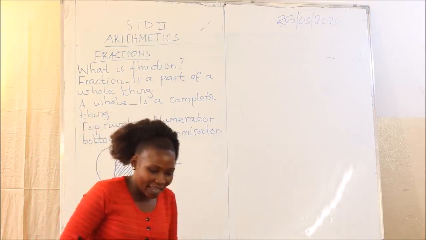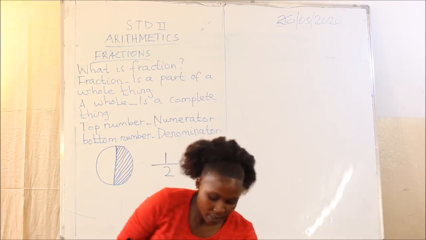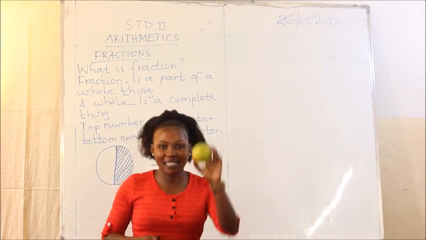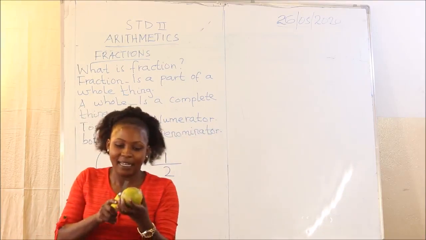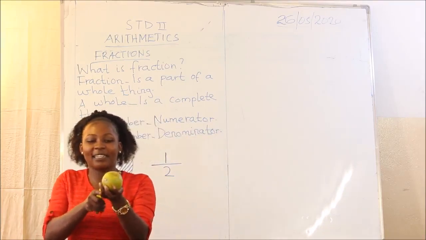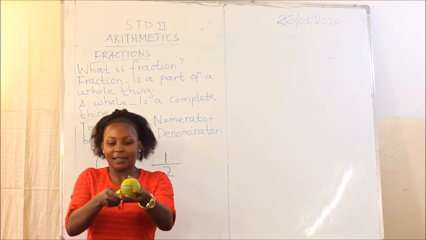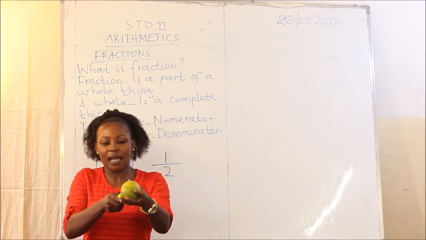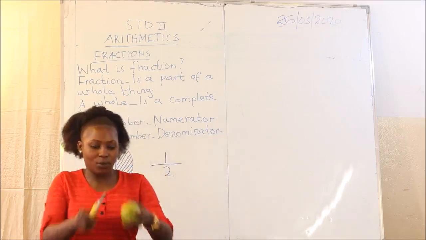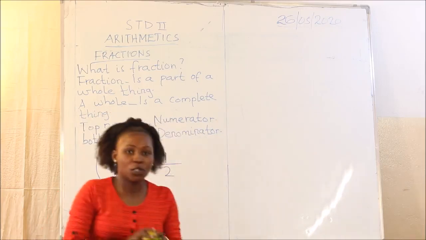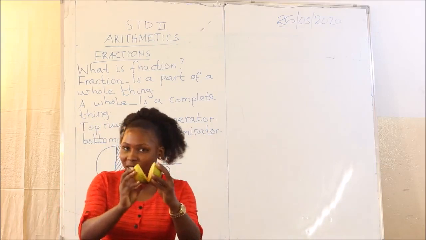As I said, I have an orange with me here today. So I have to divide this orange into 2 equal parts, like this. Make sure while you are dividing, you consider equal division of that whole object. So here I have 2 pieces of an orange.